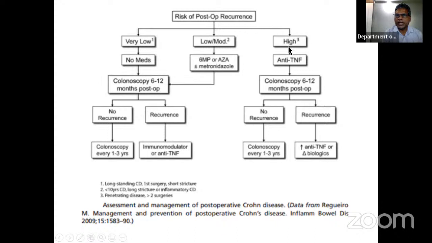In the high risk group, there is an addition of anti-TNF medication, and after that we do a colonoscopy 6 months to 1 year post-op. If there is no recurrence, again consider colonoscopy every 1 to 3 years. If there is a recurrence, increase the dose or duration of anti-TNF, or use other biologics.